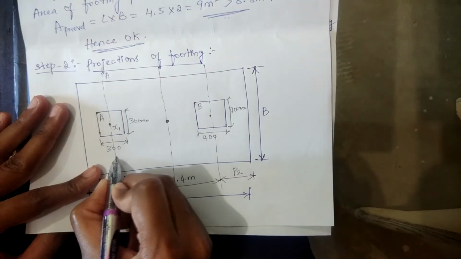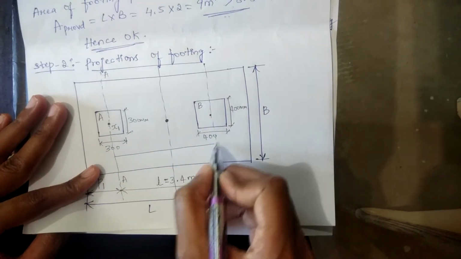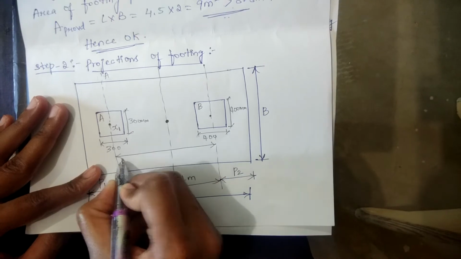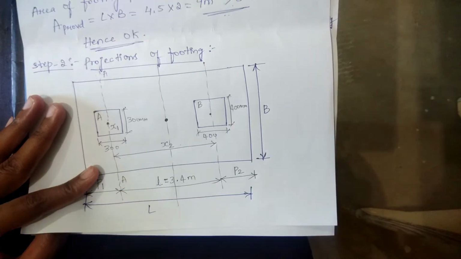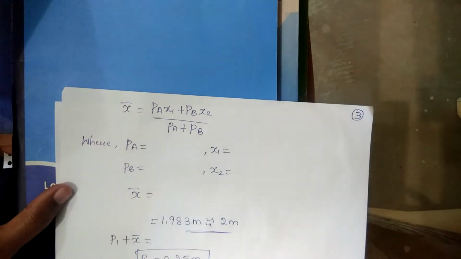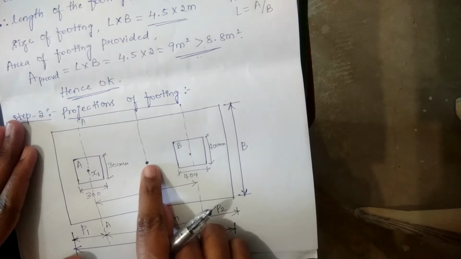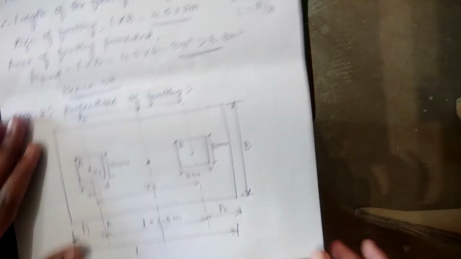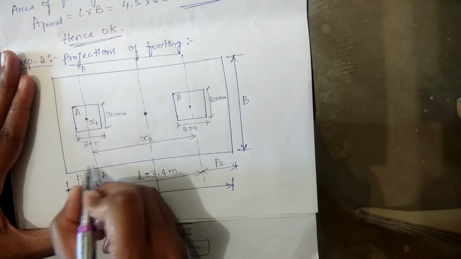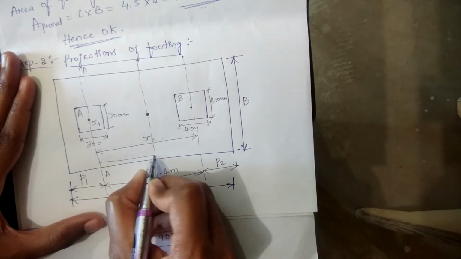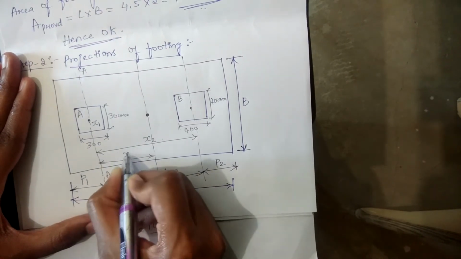That means, from this reference axis up to the center of column B, the distance is considered as x2. Similarly, x bar is the distance of CG of the footing with respect to the reference axis. See, this is the CG of the footing. From this to this, the distance is taken as x bar.